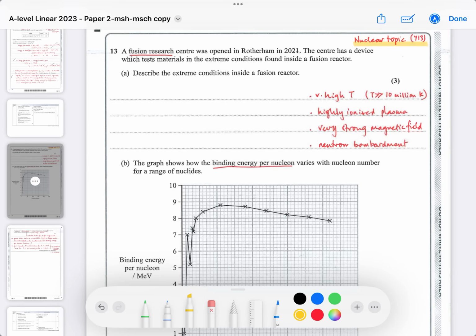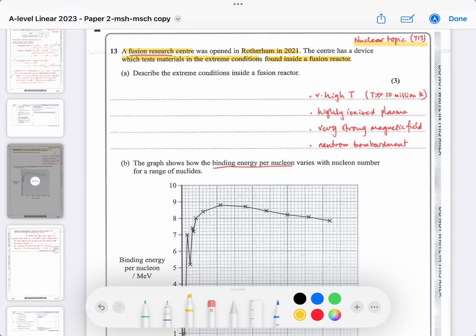So here, question 13, it says a fusion research centre was opened in a place in the UK called Rotherham in 2021. The centre has a device which tests materials in extreme conditions. Yeah, and the materials that they're testing are found inside a fusion reactor.